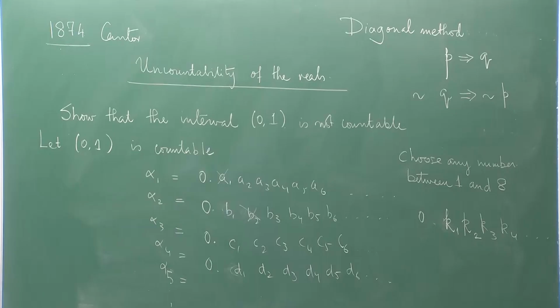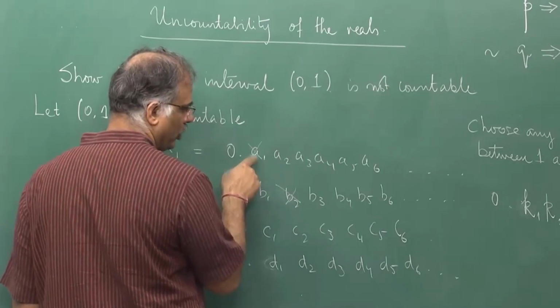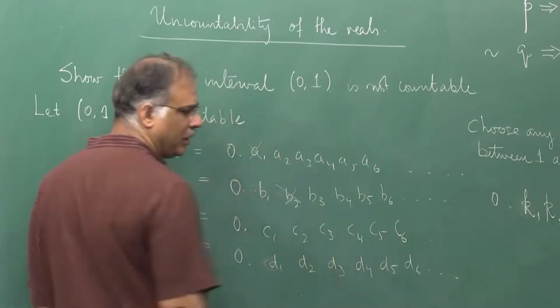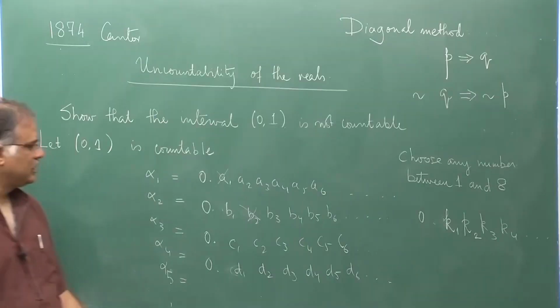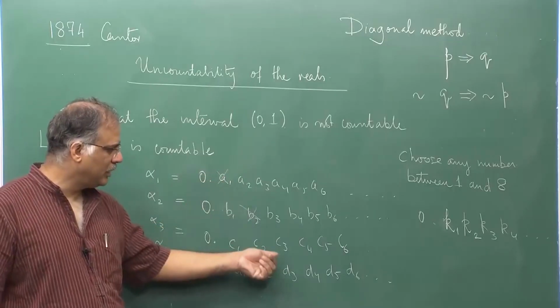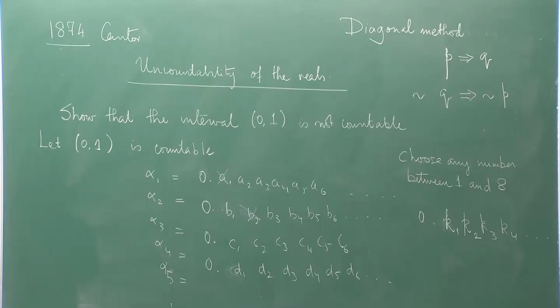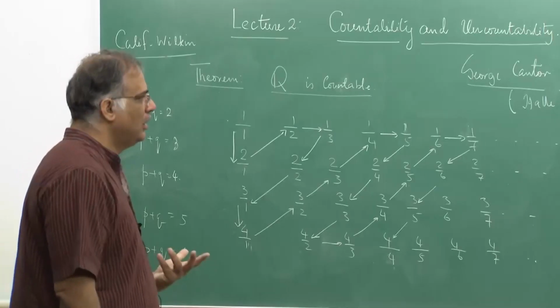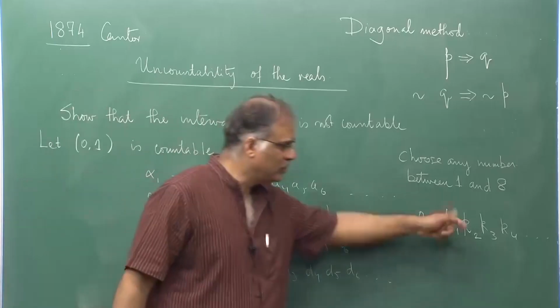But if you say take 9, so you have 0.99999, if you do that, you might just get 1. Or you would say take 4 and then 9999999, you will get 0.5 which is already there. So that sort of thing. So you avoid generating a number here which is already present there.